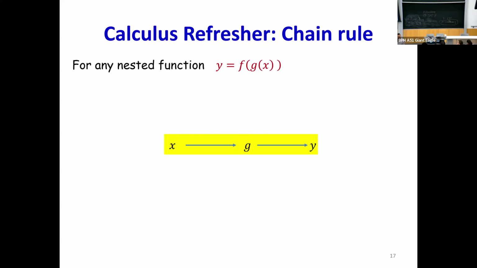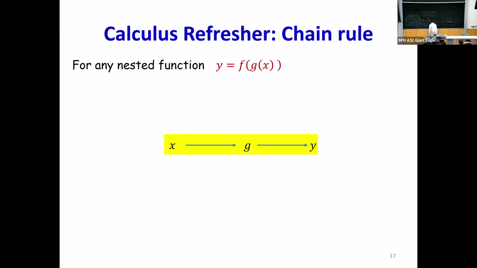And what is delta g? So delta g is going to be dg over dx times delta x, right? Which implies delta y equals dy over dg times delta g, but then I can just plug in this formula for delta g.